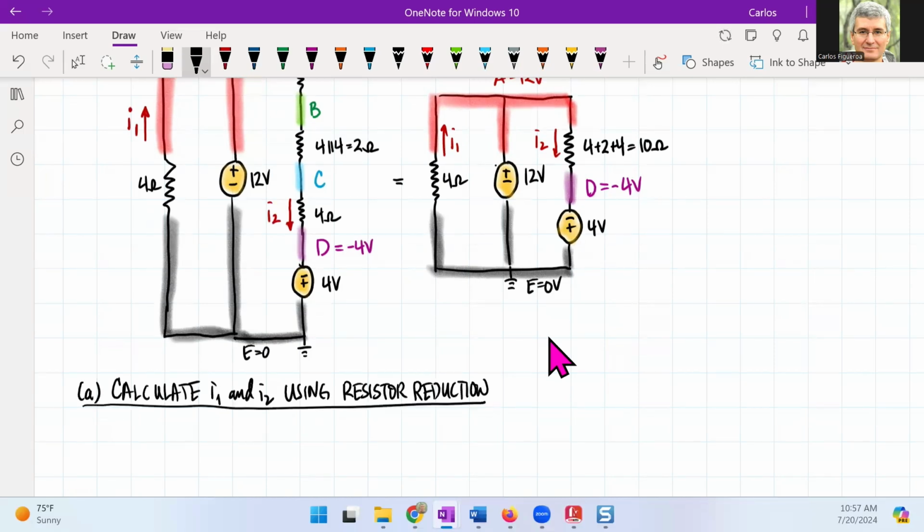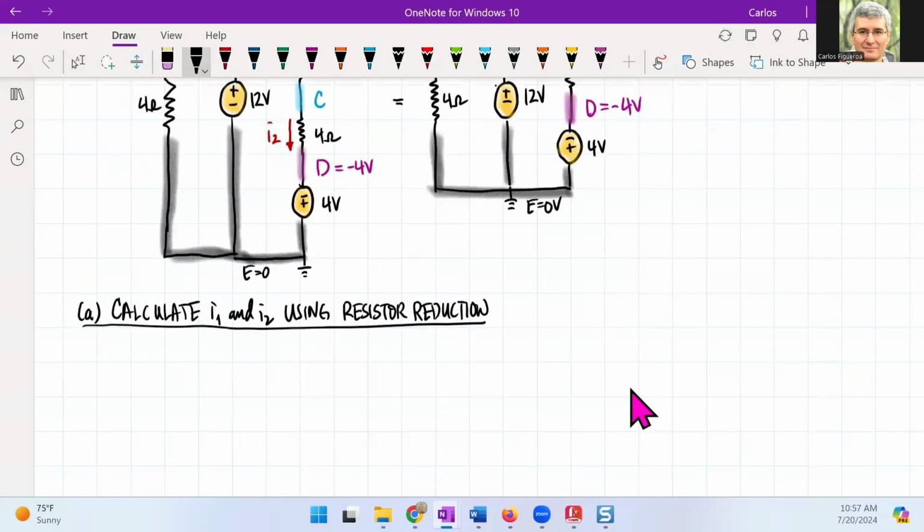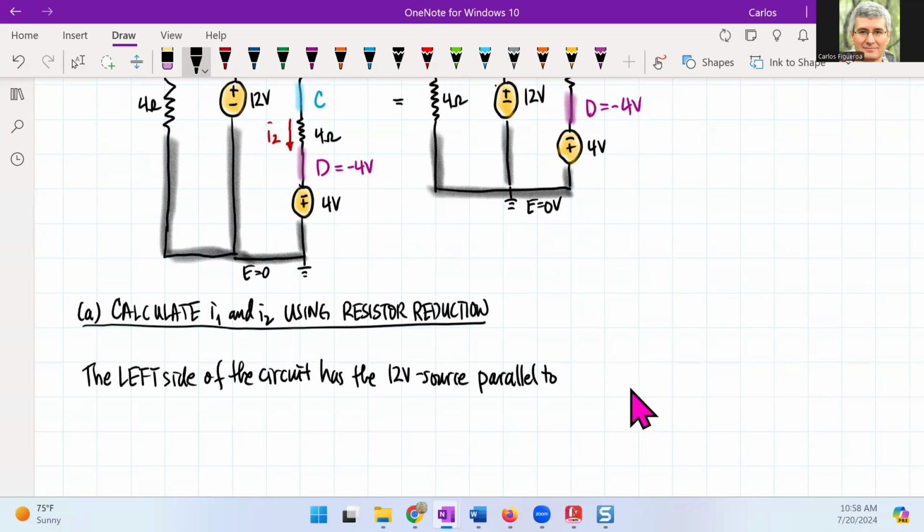So I1 is to the left of the circuit. I2 is to the right of the circuit. So let's calculate the current I1. If I look at the left side of the circuit, it has the 12 volt source parallel to the 4 ohm resistor.